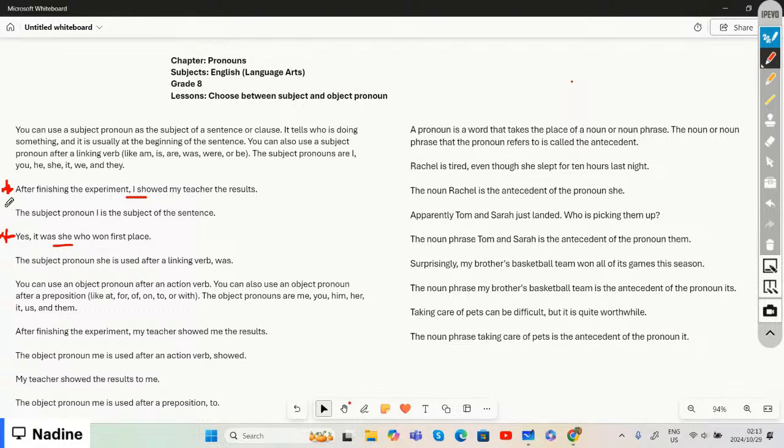Object pronouns are words like me, you, him, her, it, us, and them. Subject pronouns you'll usually find at the beginning of the sentence, but object pronouns you won't find at the beginning of the sentence.